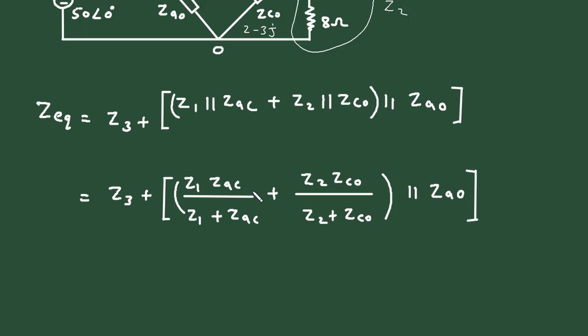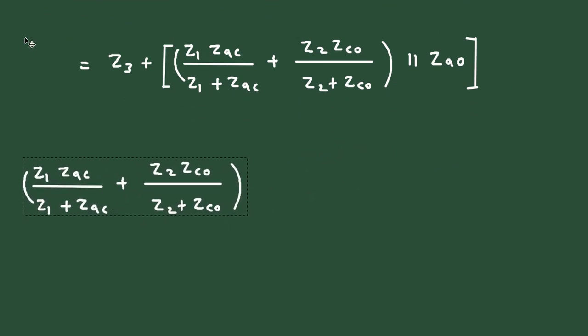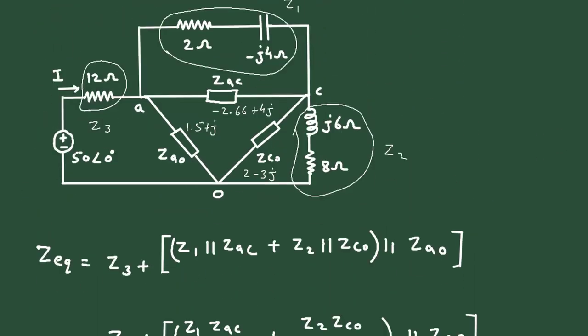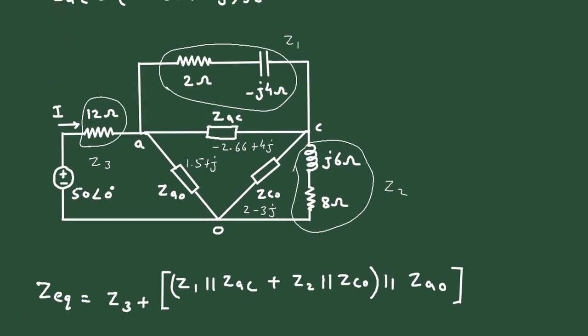So first we will find the value inside the bracket. Let's put all the values of Z1 and ZAC.